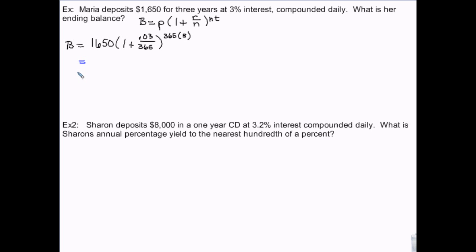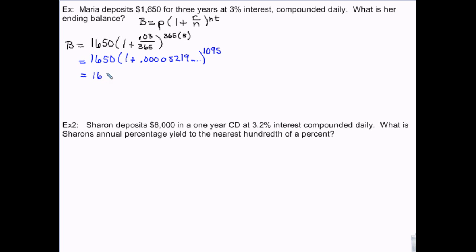Okay, so for that next step, I'm going to divide 0.03 by 365, and I'm going to get 0.00008219 and some other stuff. And then 365 times 3 is 1095.